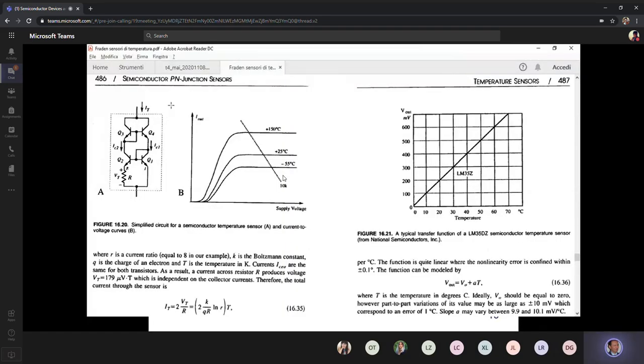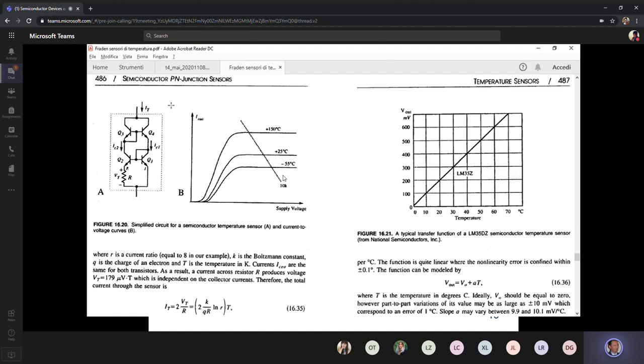Okay, you should be able to see a page entitled Semiconductor p-n junction sensors. So if you look at the figure on the left, in particular, if you look at part A of the figure, you see that in the figure there are four bipolar transistors, Q3, Q4, and then below there are Q2 and Q1.